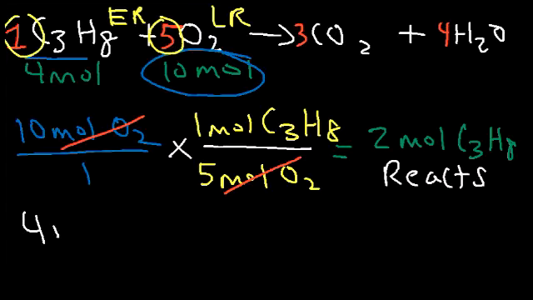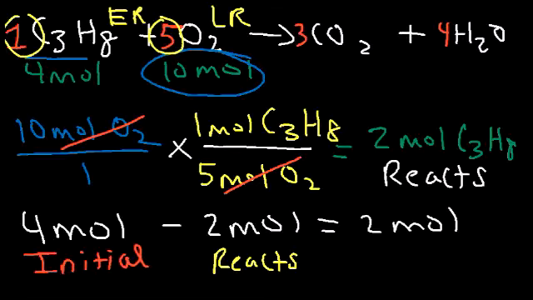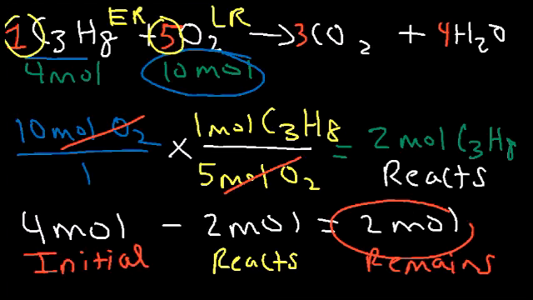So if we started with a total of 4 moles, or this is how much we had at the beginning, the initial amount, and if we subtract it by the amount that reacts, then the amount that's left over is the difference between 4 and 2, which turns out it's 2 as well. So this is the amount that remains. And so 2 moles of propane remains after the reaction is complete. And that's how you can find the amount of the excess reactant that remains.